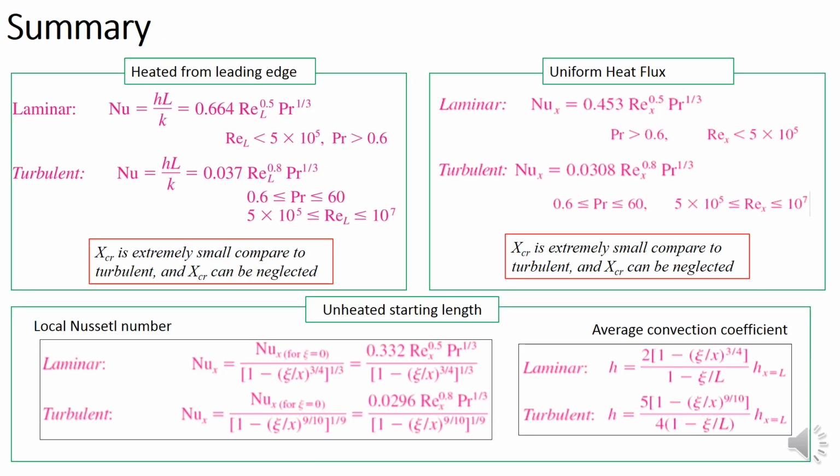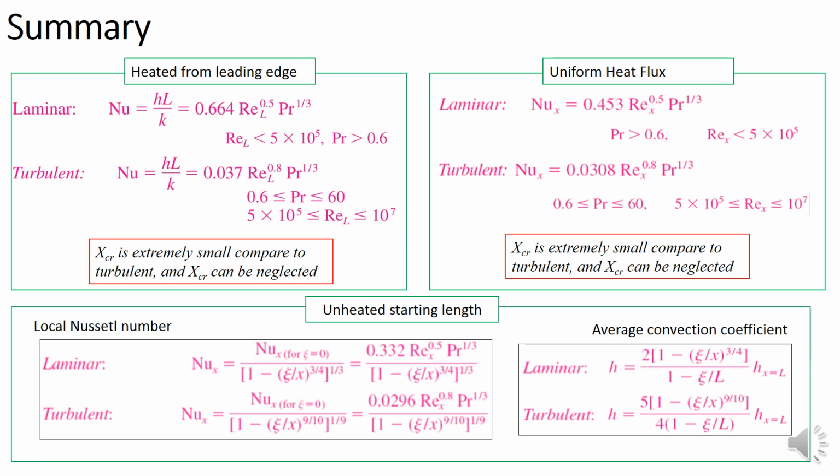As a summary for this section, we have the plate heated from the leading edge, or isothermal flat plate, and then uniform heat flux with the equation for the overall Nusselt number, because we are interested in the convection heat transfer coefficient.